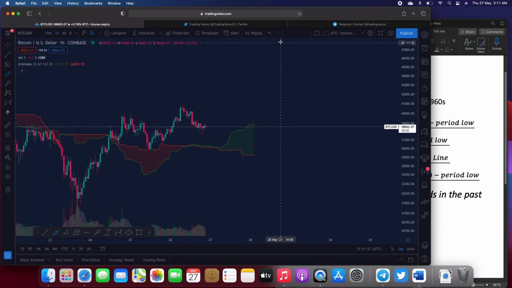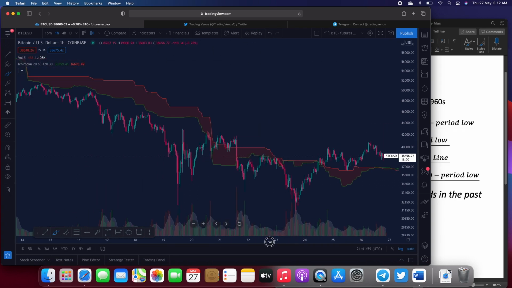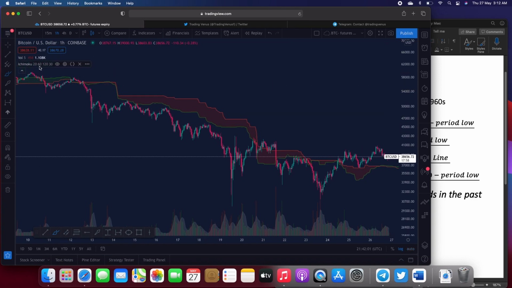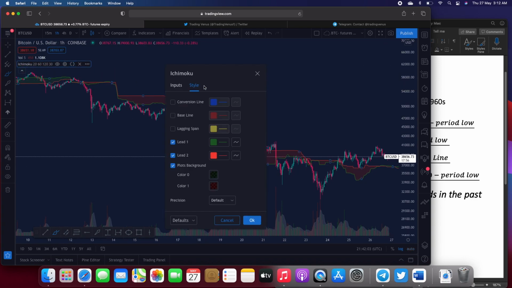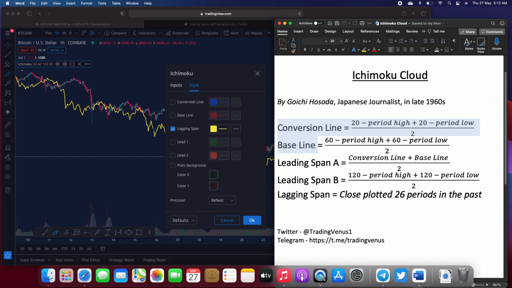Now, moving on to the last indicator in the collection that Ichimoku cloud provides, we have the lagging span. It is calculated using the close plotted 26 periods in the past.